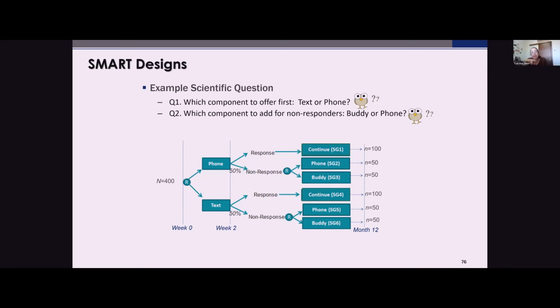Yeah, but that's a different scientific question. And then I'm concerned about the sample size. Yeah, I agree with you. So here's the thing. With sample size, of course, for interactions the effect size is usually smaller compared to main effects. And I'm talking about both factorial designs and SMART designs.